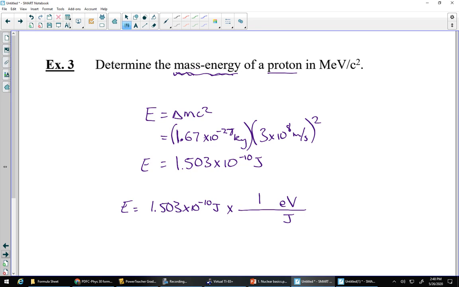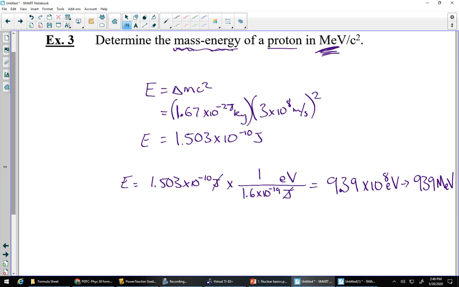For every 1 electron volt, it is 1.6 times 10 to the negative 19 joules, so joules cancels, and we end up with 9.39 times 10 to the power of 8 electron volts, which we could say is 939 mega electron volts, just because our question is asking about mega electron volts. That's how much energy the mass of one single proton would be.